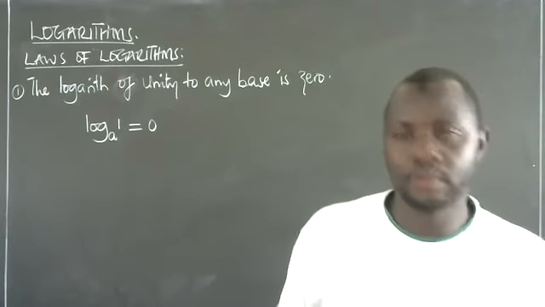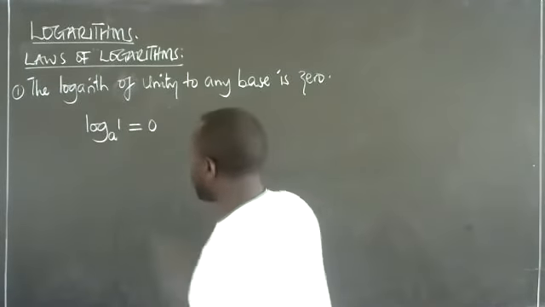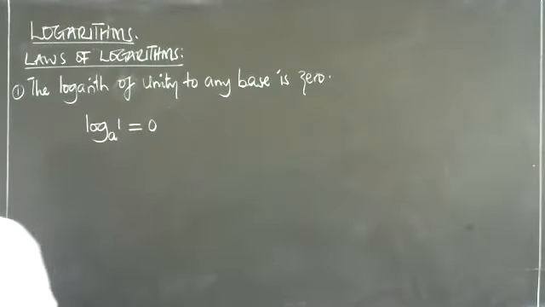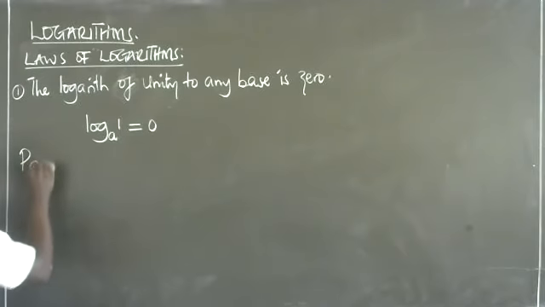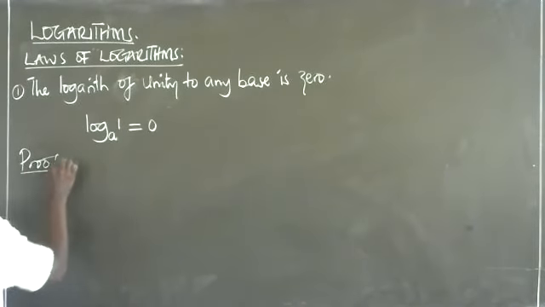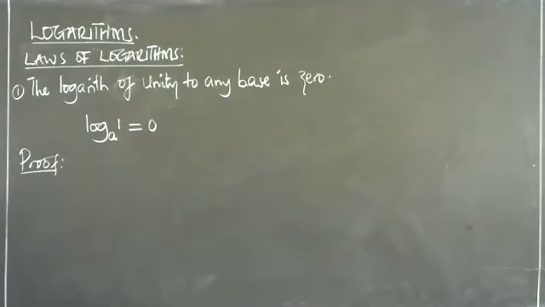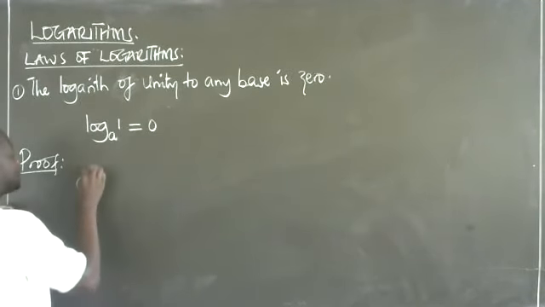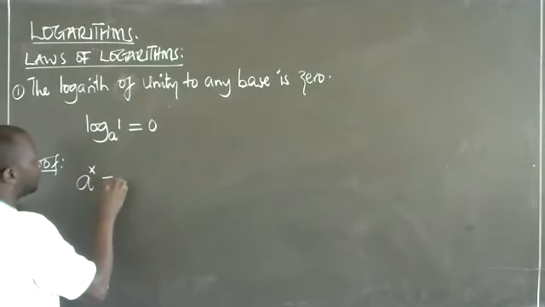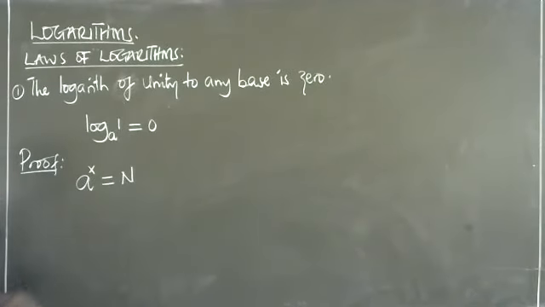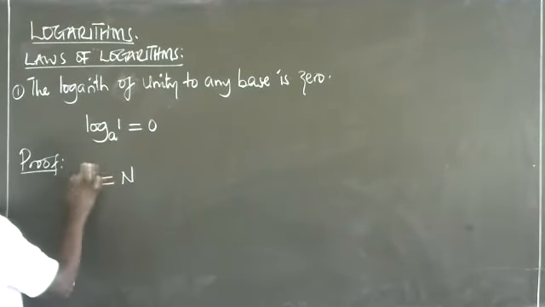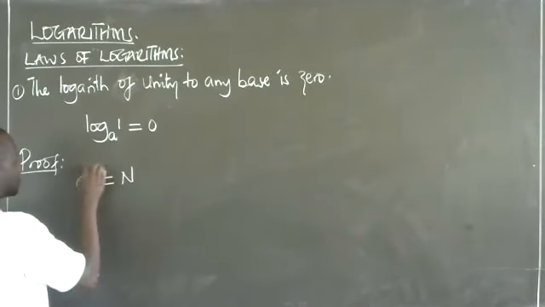Very good. So how do we prove this? Proof. In our definition, we say by definition, a to the power x is equal to n. This is the general statement, whatever the value of n, a, or x.